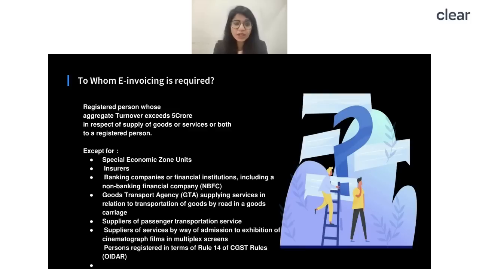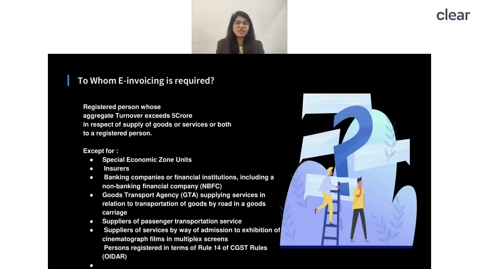If I'm an insurer, or a banking company, or an NBFC, or a GTA, or a supplier of passenger transport services, or a supplier of services by way of admission to exhibition of films in a multiplex, or maybe an OIDAR, in all of such cases e-invoicing is not applicable to me. So if I'm an insurance company, or an NBFC, or a GTA, e-invoicing is not applicable to me.